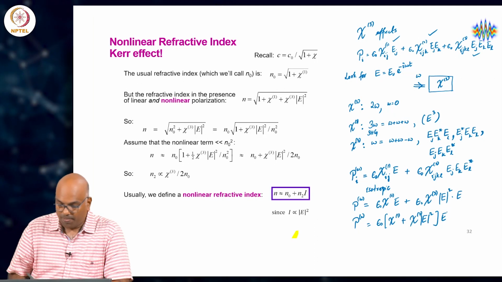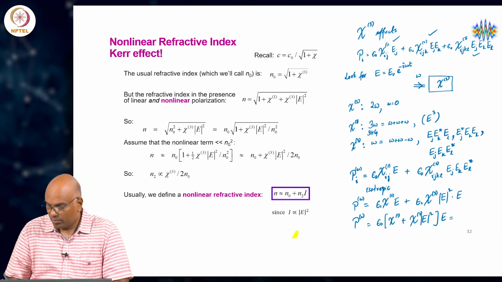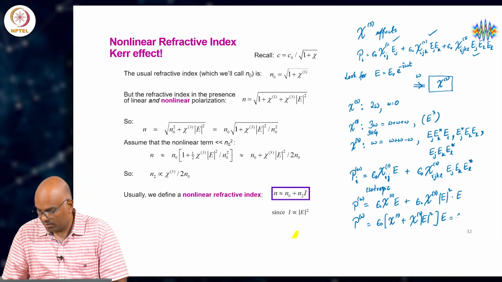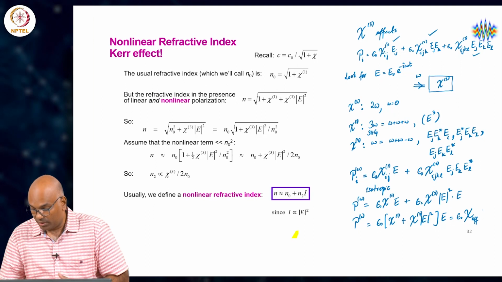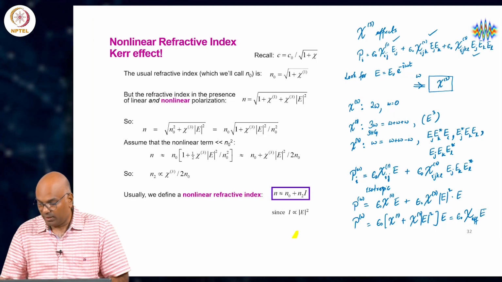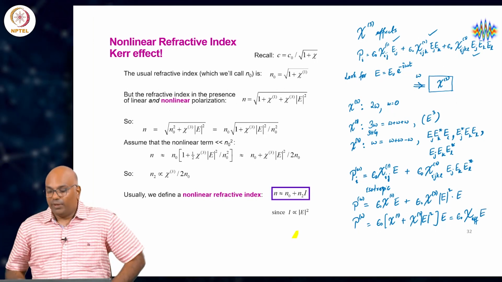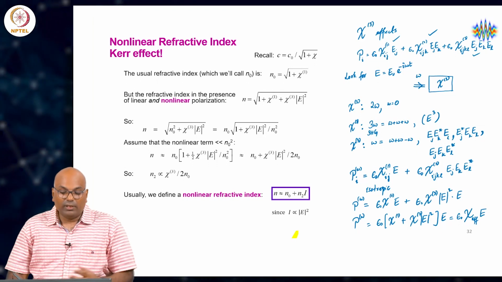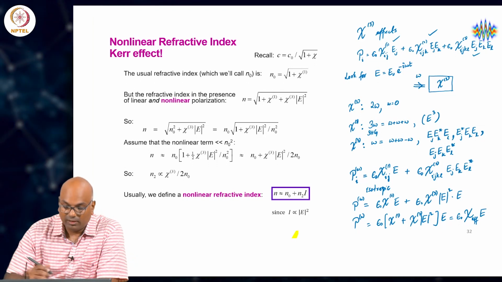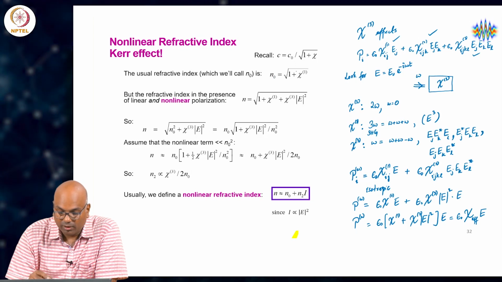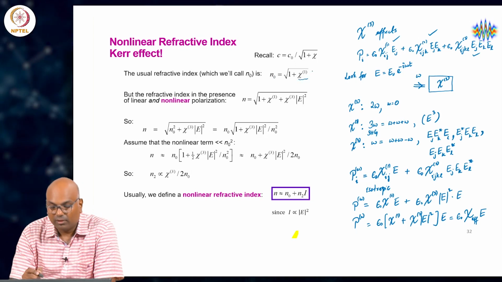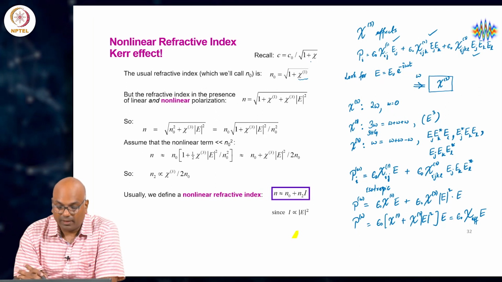And so, now we know that this is epsilon naught times an effective chi which can also depend on E squared, multiplying E, right. So, then we go back to our earlier definition of the refractive index, where we essentially had n, the refractive index, to be the square root of 1 plus the susceptibility, chi 1.